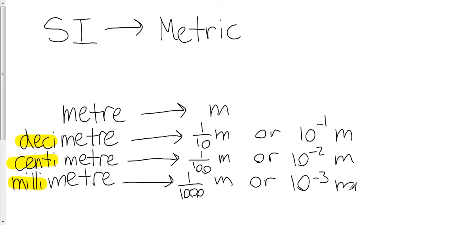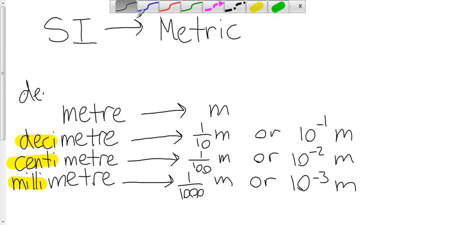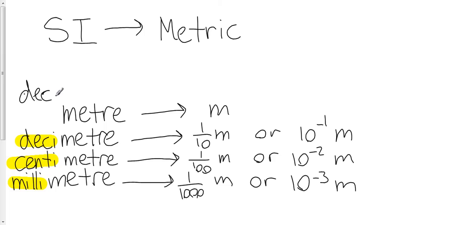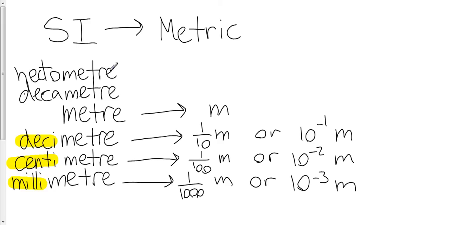For the units that are larger than a meter, we have the decameter. Oops, this should be a C. The hectometer. And the kilometer.